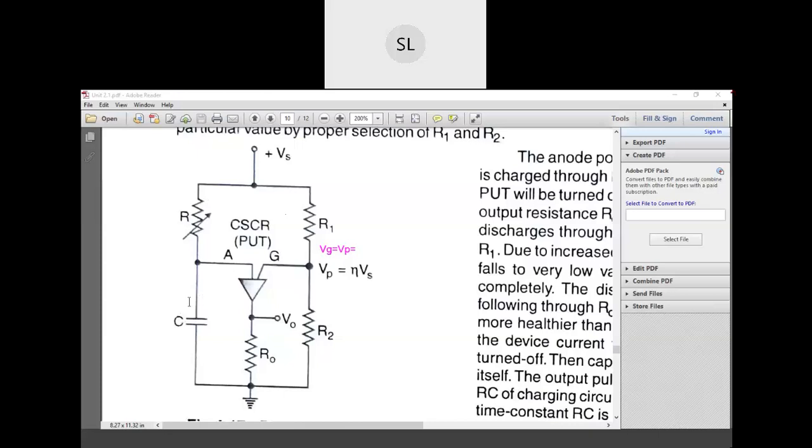Once it exceeds the voltage at the gate, this PUT will be turned on. Then the capacitor will start discharging through the PUT and R naught, providing a pulse like this.